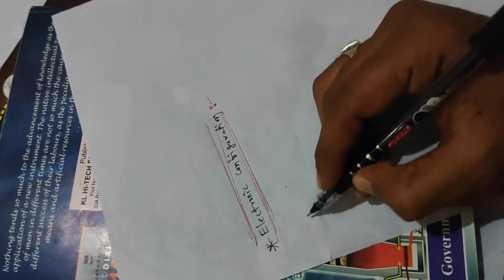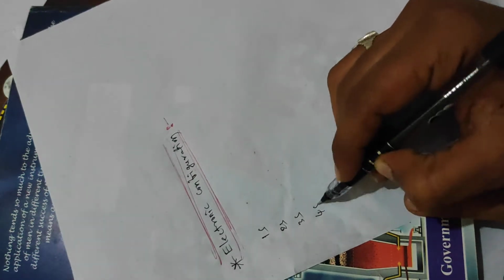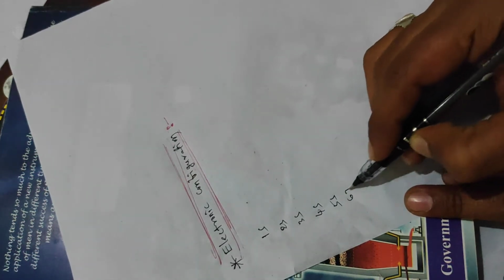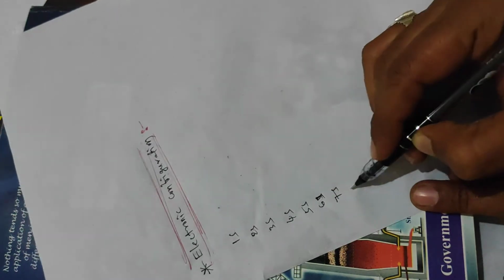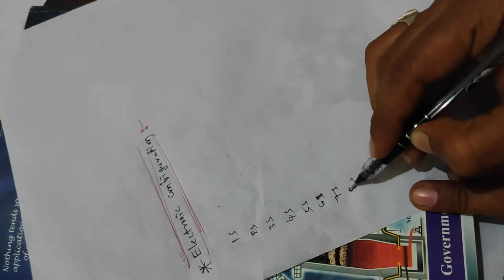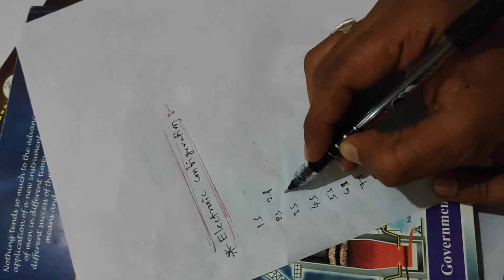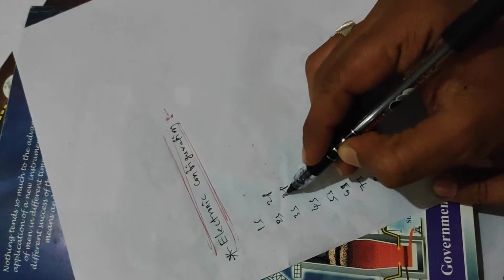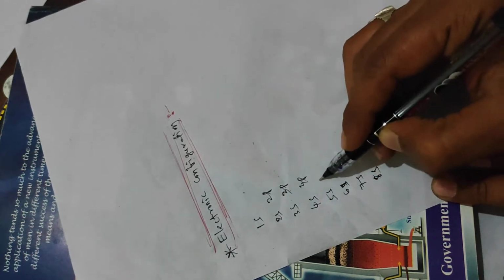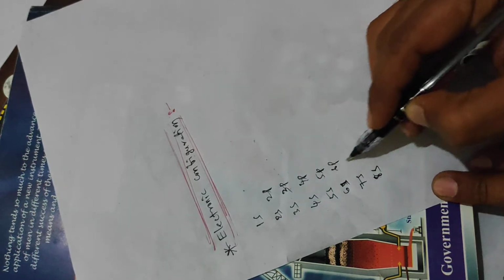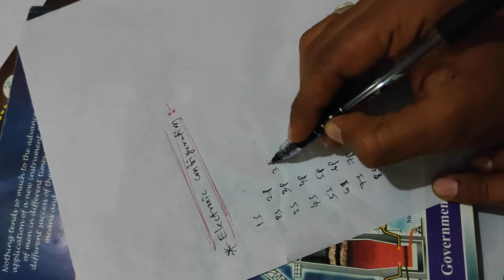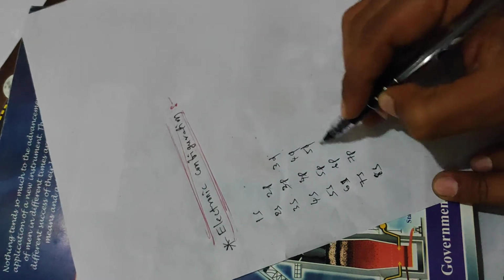Generally, with respect to the Moeller diagram, we know that 1s, 2s, 3s, 4s, 5s, 6s, 7s, 8s. I am giving you one simple technique to write electronic configuration. 4p, 5p, 6p, 7p, and here we know that 3d, 4d, 5d and 6d as well as 4f, 5f.